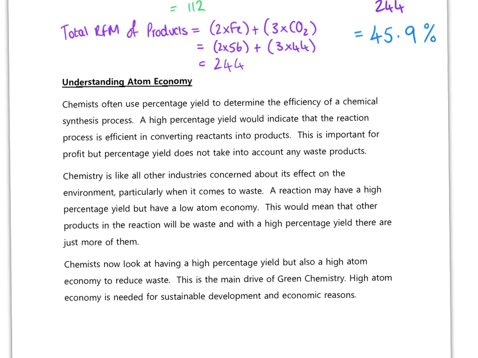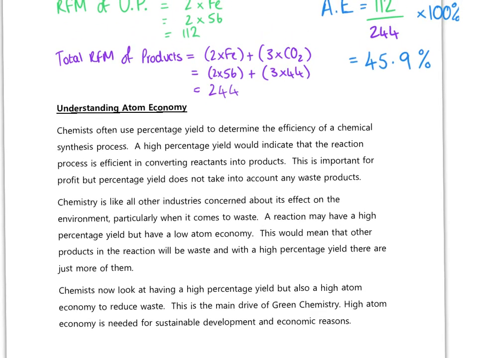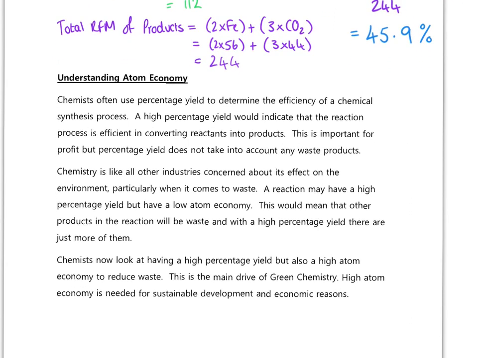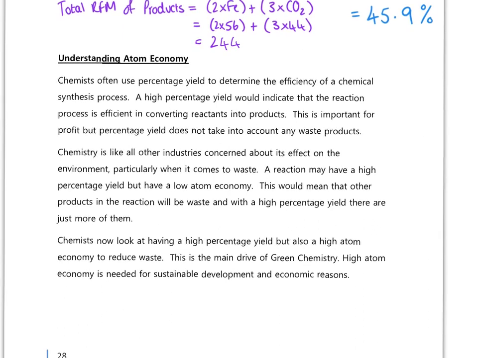You can see that in the blast furnace reaction, only 45.9% of our atoms are converted into useful products. The rest is converted into products that we don't actually use, like carbon dioxide, which is a hassle to get rid of and harmful to the environment. A big drive of green chemistry at the minute is developing reactions which produce less waste products, giving a higher atom economy, so more of the atoms are used in useful products.